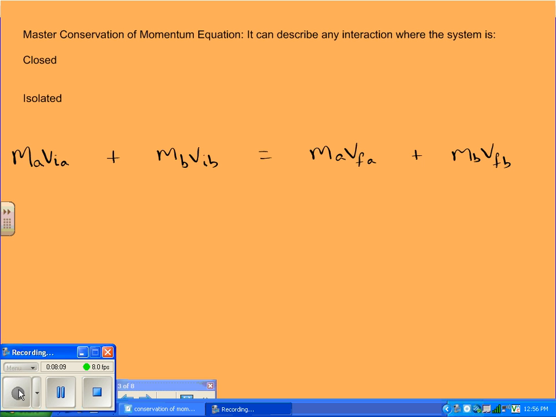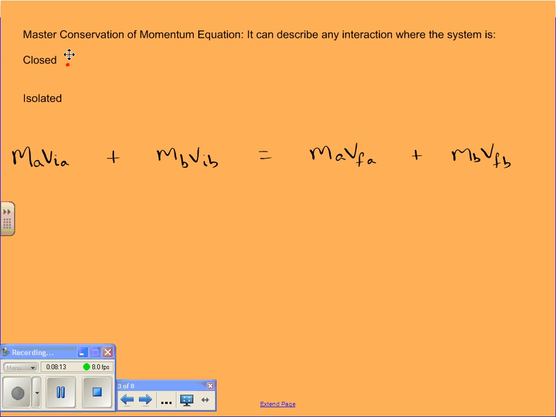There are some stipulations for it. The system must be closed, and what that means when we first start studying physics is that we cannot change mass. So while we're talking about this, there'd be no change in the mass of the two cars or whatever's colliding or interacting.